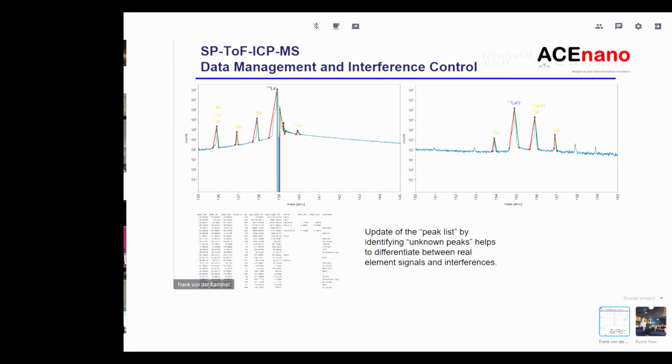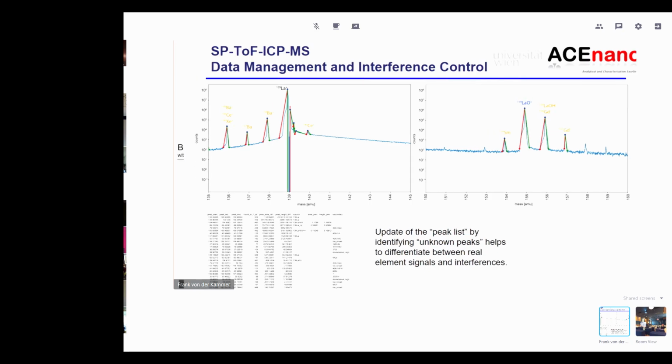So we are looking into techniques to identify possible interferences, using calculation algorithms and peak detection algorithms to reduce the risk of picking up an interference instead of your target element.